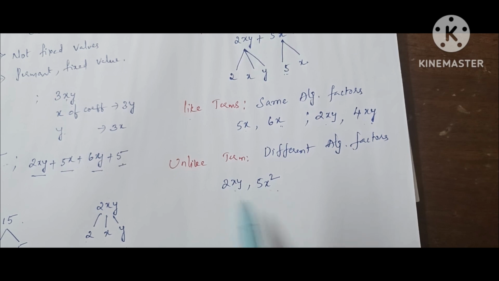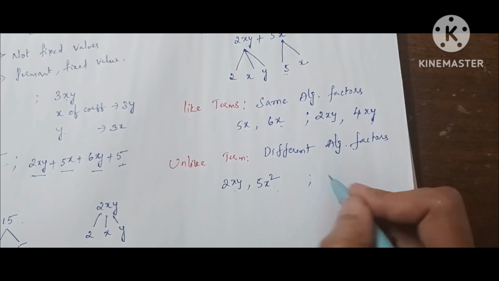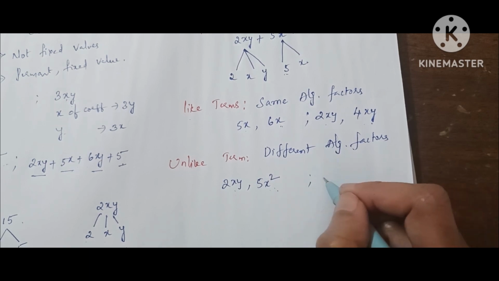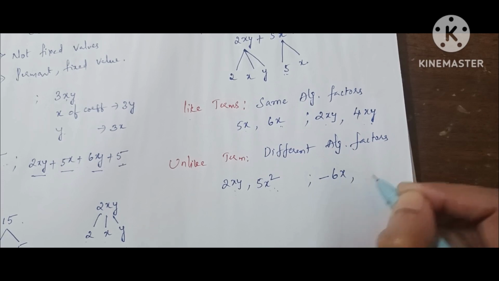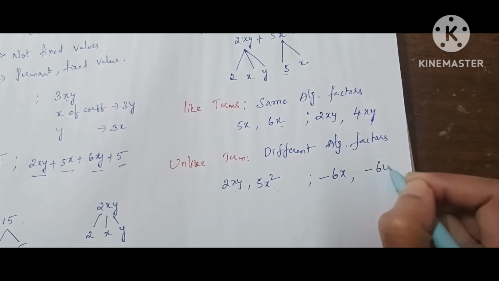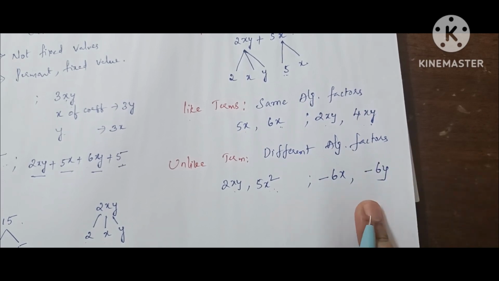One is xy and another is x square. So we say they are unlike terms. If you take one more example, minus 6x and minus 6y, these two are also unlike terms because here it is x and here it is y. Both are different variables, so we name them unlike terms.